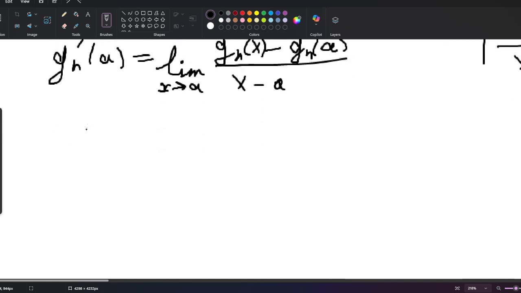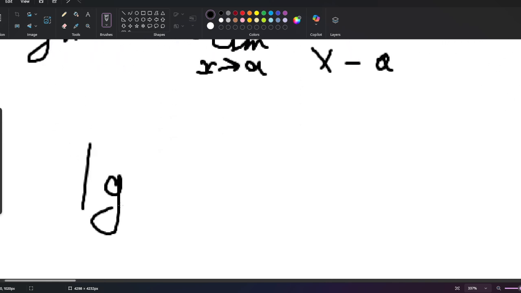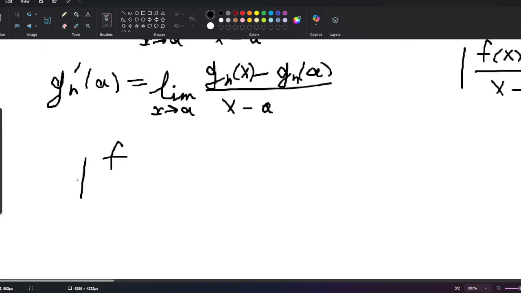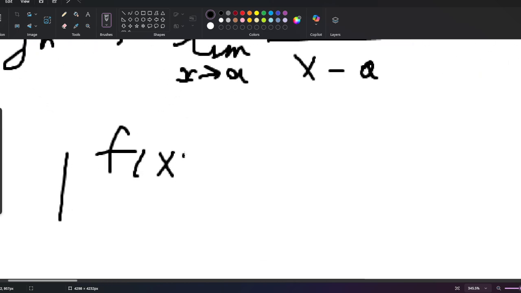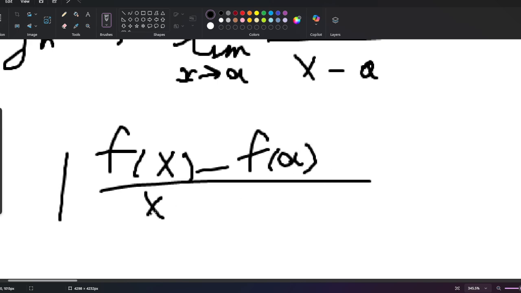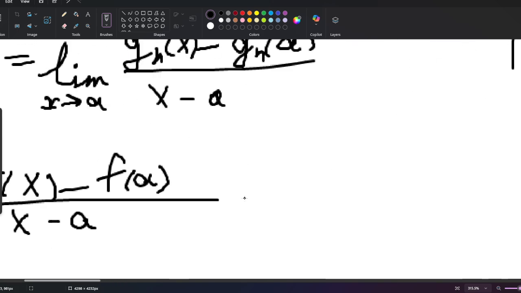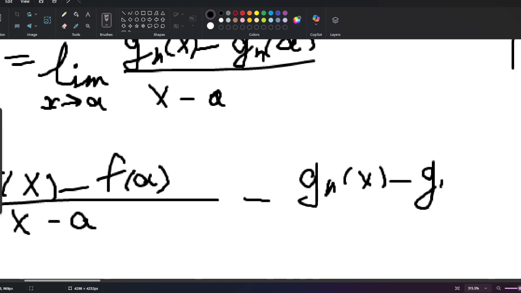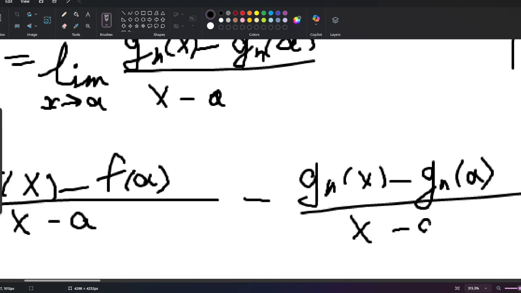So let's find the difference between f of x minus f of a over x minus a, with g n of x minus g n of a over x minus a.